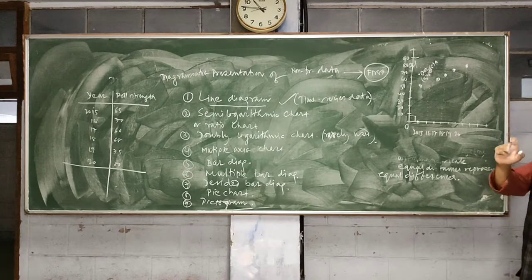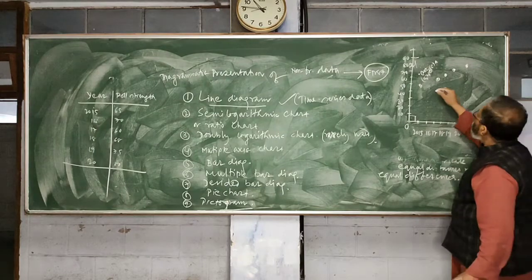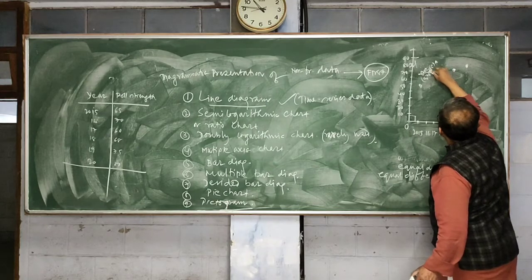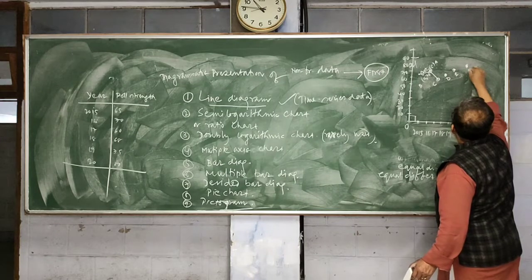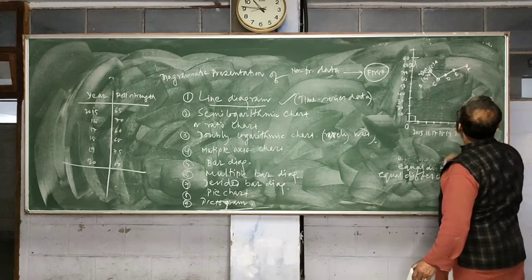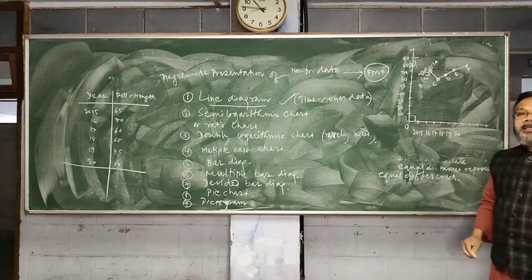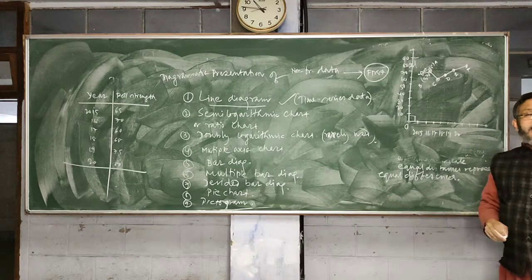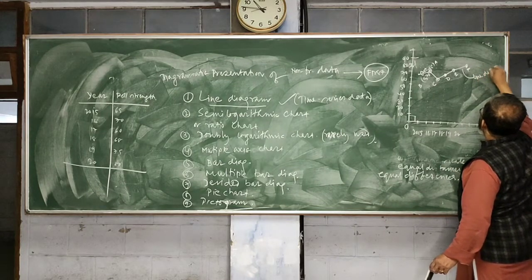For each pair, time and data, we plot a point, and those points A, B, then C, suppose, then D, then E and F, are joined by line segments. We get a curve called line diagram.